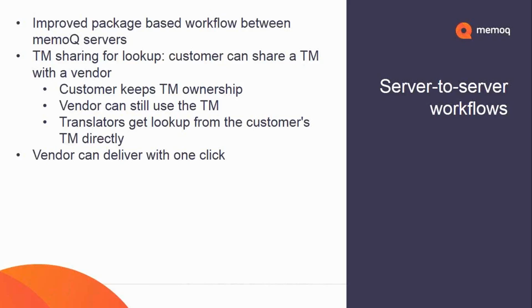They do not need to give the translation memory to their vendor, but they can enable the vendor company to use that TM. And what happens is that translators, so those people at the end of the chain, when they start working on their memoQ project, which comes from the vendor's memoQ server, they can get translation memory hits from the customer's memoQ server and the translation memory there.